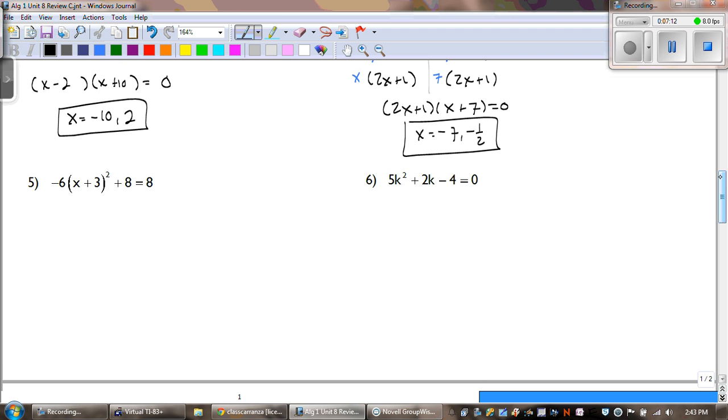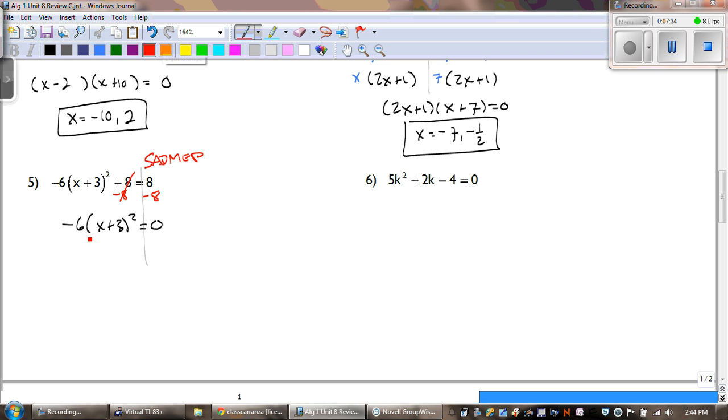Okay, number 5. Now, number 5, we're going to solve by square roots. And I know that right away because we have parentheses. All right, so when we're doing this, the first thing we do is subtract the 8 from both sides. And we get negative 6 times (x plus 3) squared equals 0.